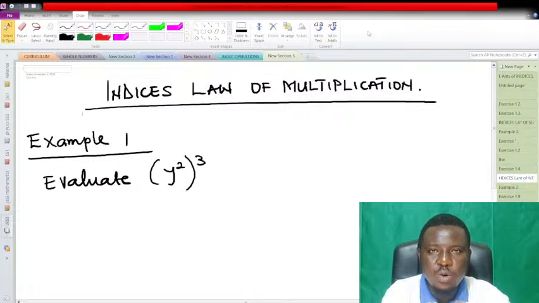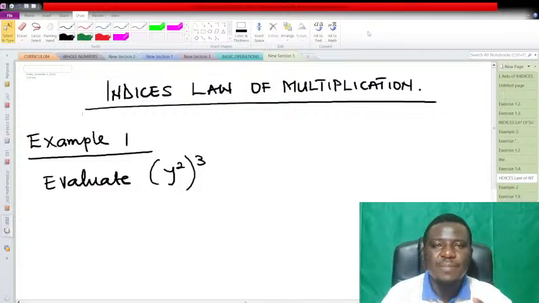The first law we looked at is the addition law of indices, where we said when you multiply 2 indices together, you add their powers. Adding their powers is the same as multiplying them together. And we did so many examples on them.